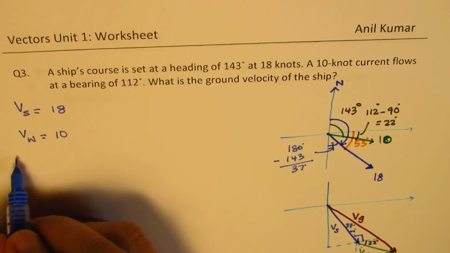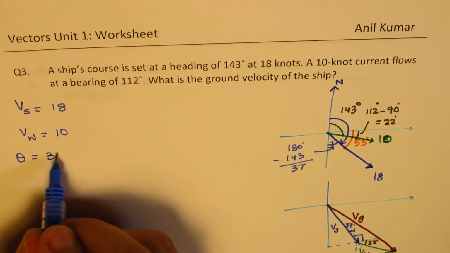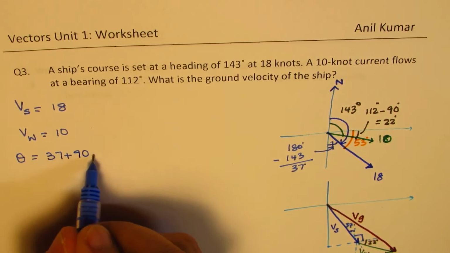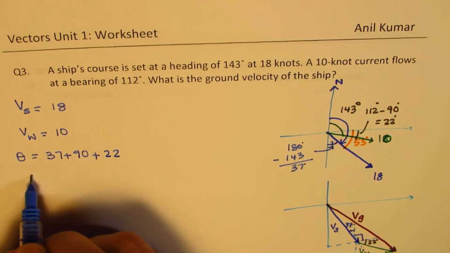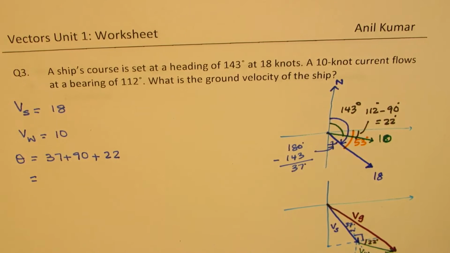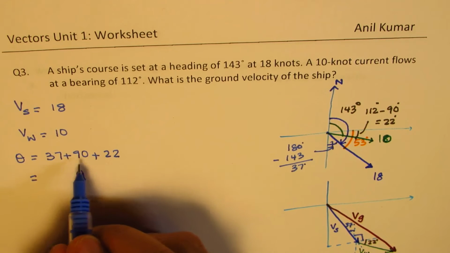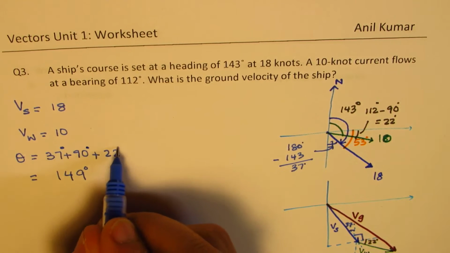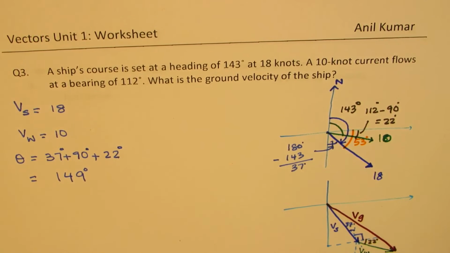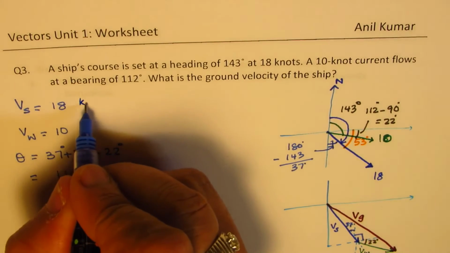And the angle in between, as shown here, is 37 plus 90 plus 22. Correct? So that is the angle in between. So let's add this up. 149 degrees. Is that clear to you? So that is how you can find the angle in between. Correct? Okay.